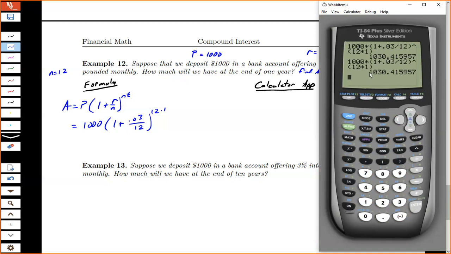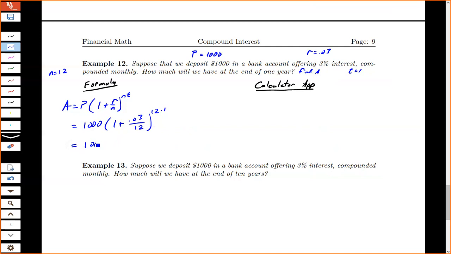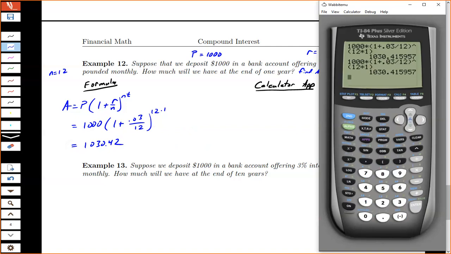Here it's times 1, so it won't actually make a computational difference, but in most problems it does. Okay, so we get $1,030, and if I round to the nearest cent, we'll have 42 cents. All right, I'm going to change that mode back.